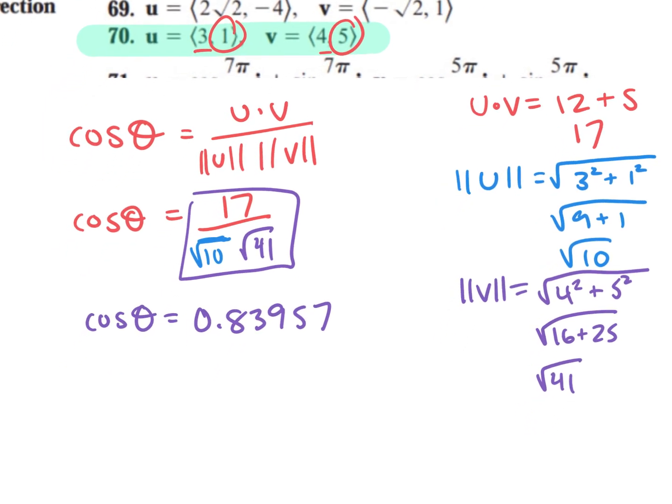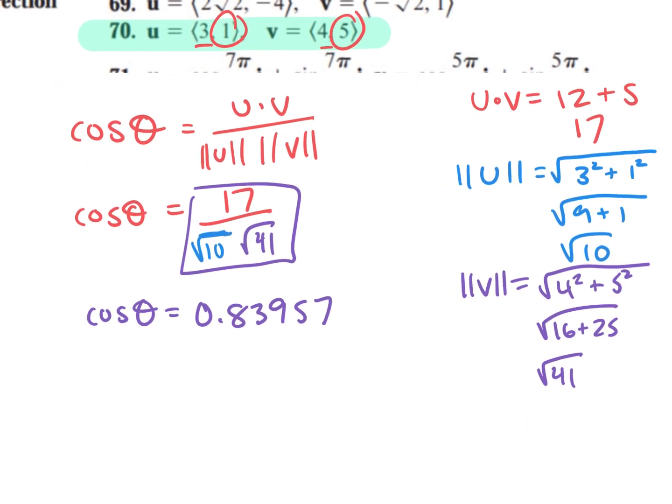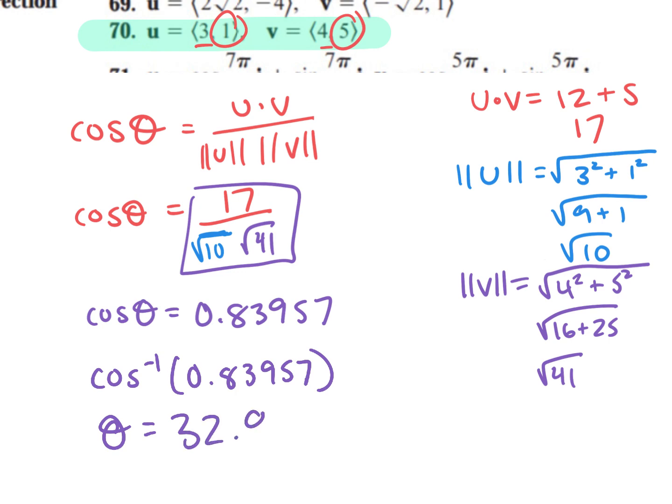Then how would I find what theta is? So I find the inverse of cosine. So it'll be that cosine -1 button of 0.83957, which we'll get theta is equal to 32.9 degrees.